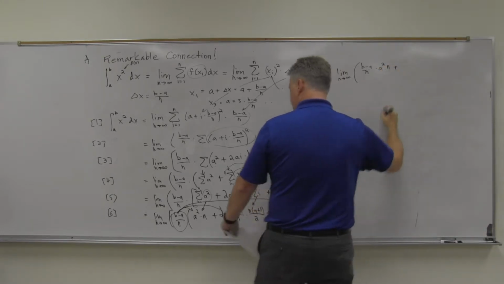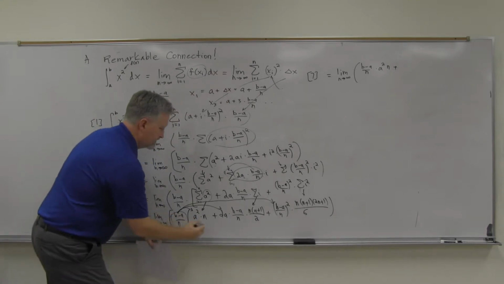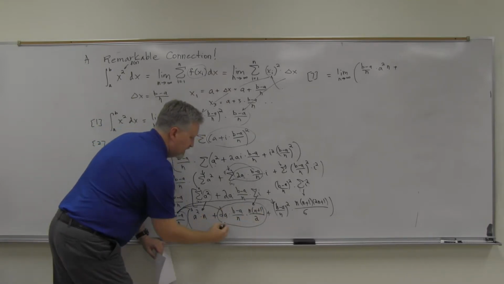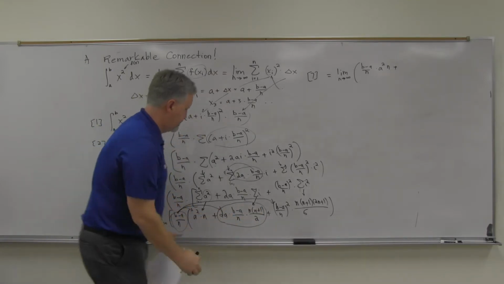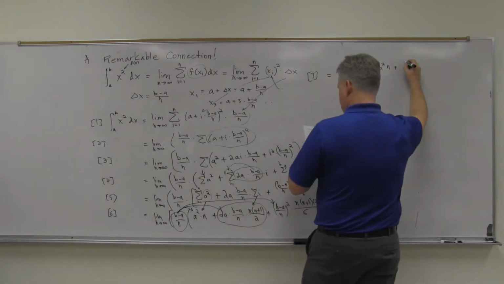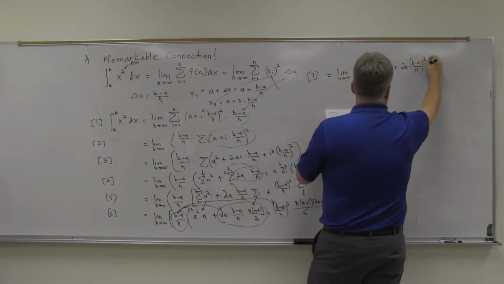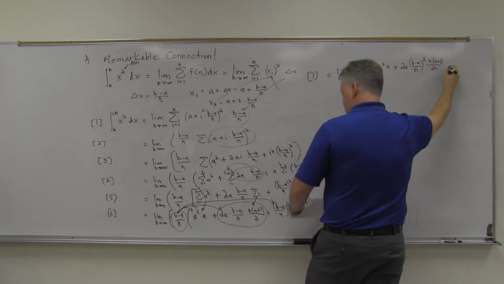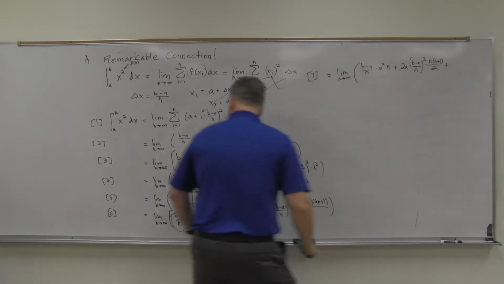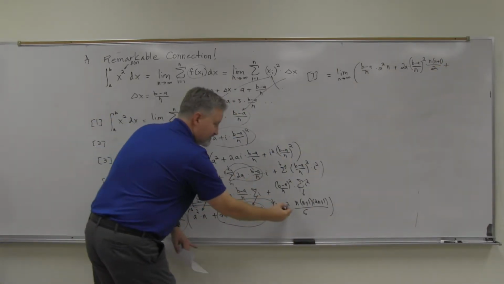And then when I multiply the (b minus a) over n times this, well, it'll just make that a squared. So I have 2a times (b minus a) over n, squared, times (n plus 1) over 2. And then times this, and then (b minus a) over n times that will just make that a cubed.